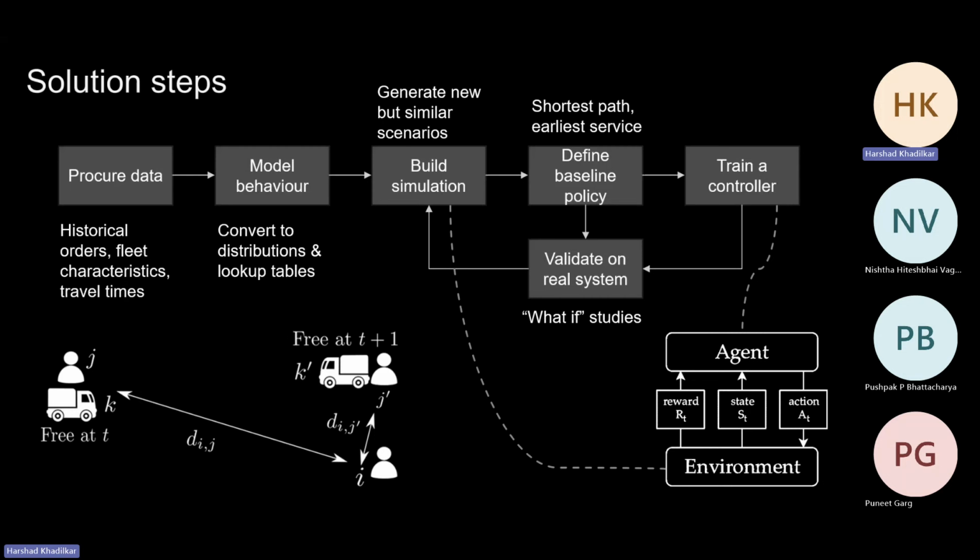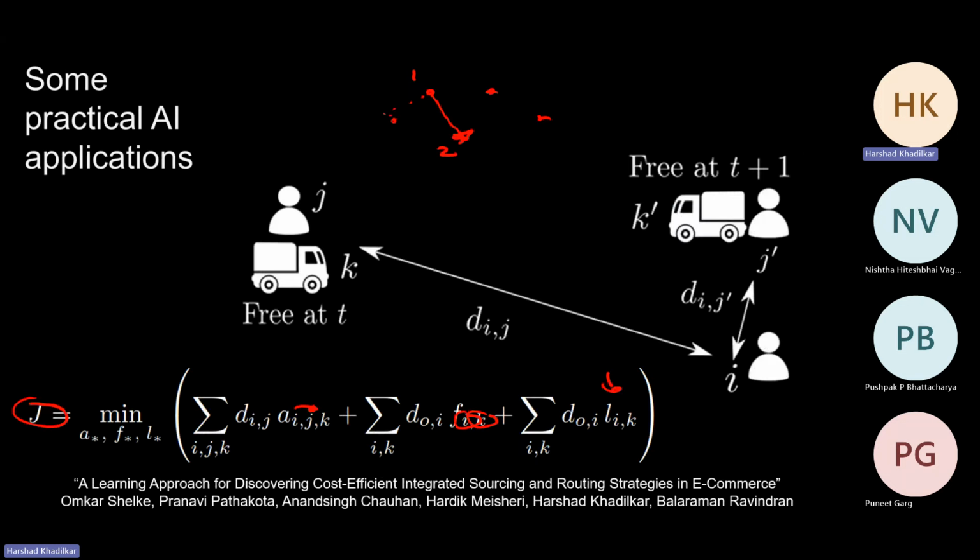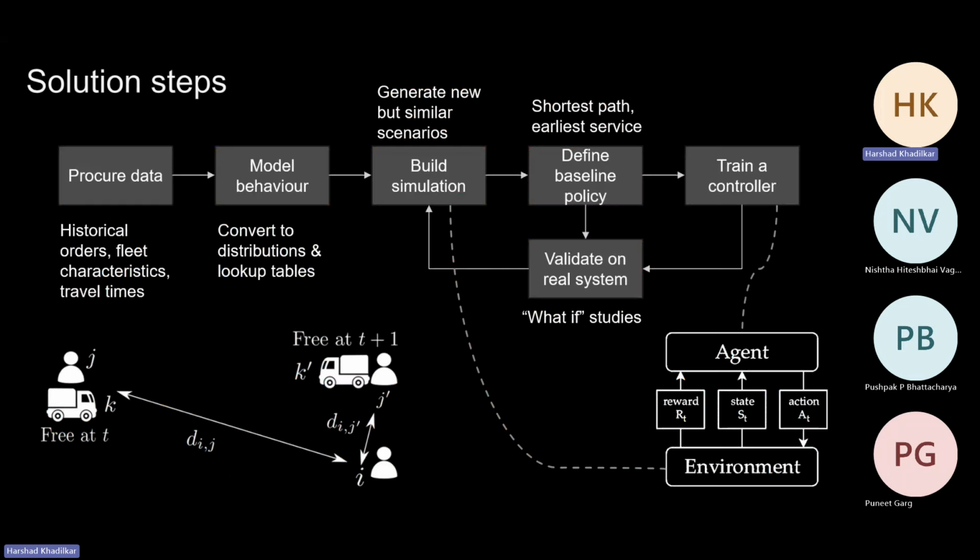And the way you do that is by just evaluating what the objective function for this particular solution is. Okay. You don't tell the algorithm whether it's optimal or not, but you say that the objective function, which we defined on the previous slide, for a given set of decisions, A, F, and L, is this much. And then you let the program try again.